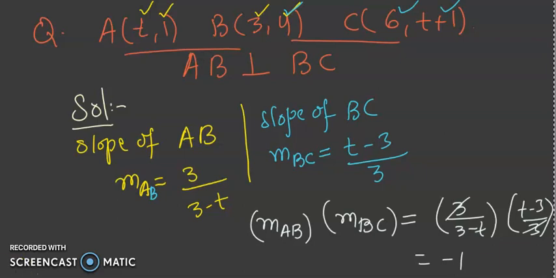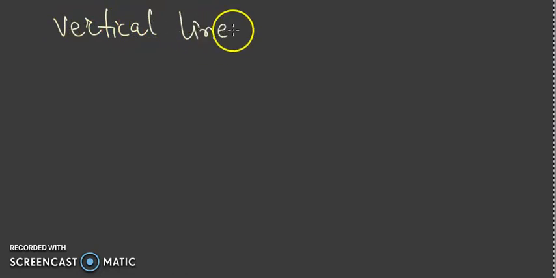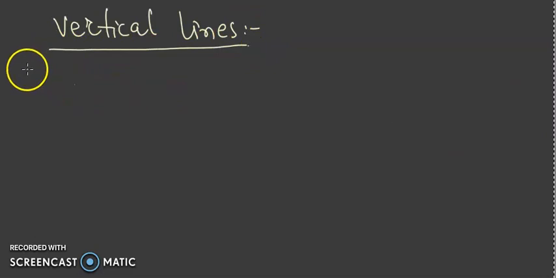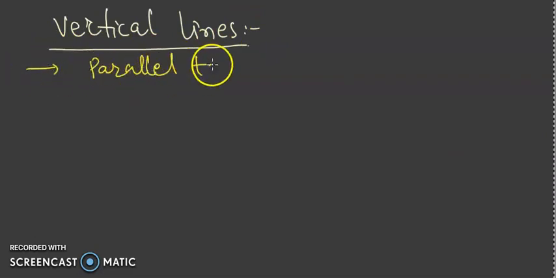In the starting of this lecture, I said that the slope of a vertical line is not defined. So how do we define perpendicular lines for vertical lines? First of all, what are vertical lines? The vertical lines are parallel to the y-axis.